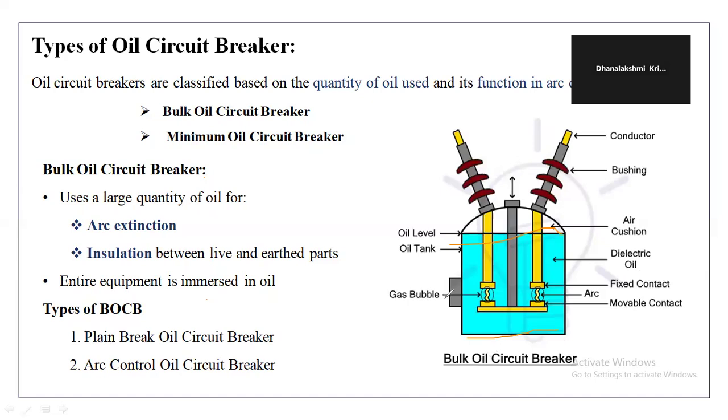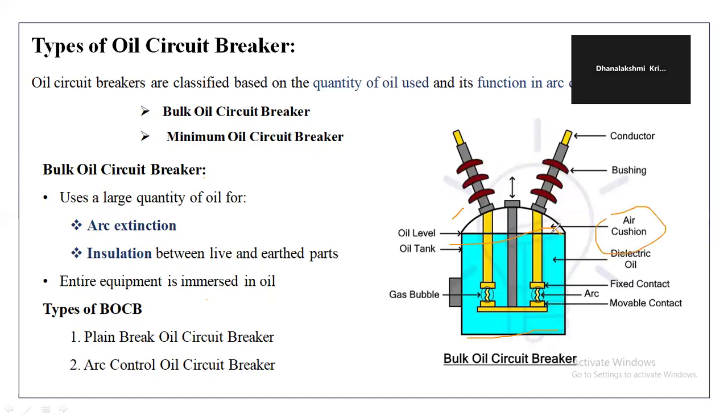It is very simple in construction. It consists of a fixed contact and a moving contact enclosed in a strong weather tight earthed tank containing oil up to a certain level. This is the oil level, and this is the air cushion.